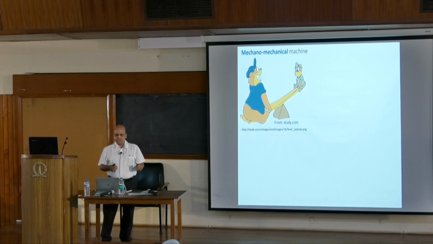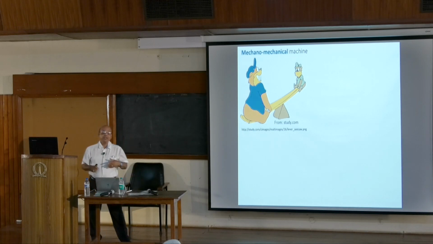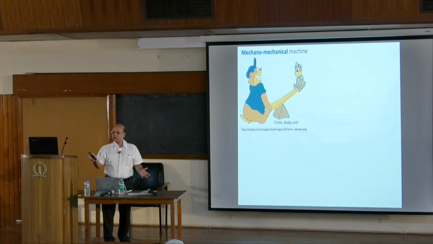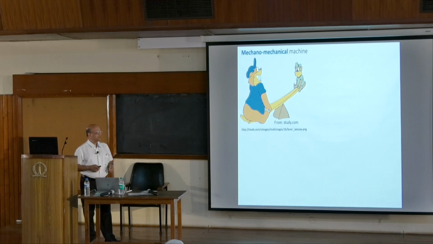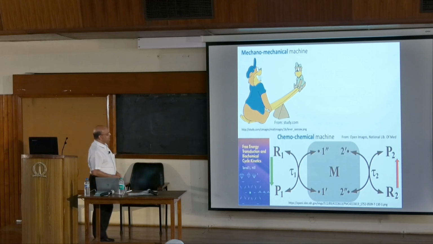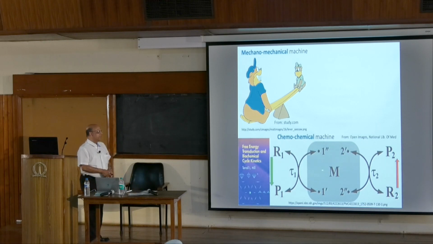There is one process whereby the free energy that you gain, at least part of it, is utilized for driving something that will otherwise not go through. Say, a natural and an unnatural process are coupled together, and that's how all these energy transduction processes of machines go through. Well, this is mechano-mechanical, because input and output are both mechanical.